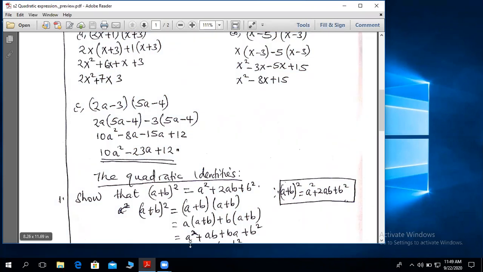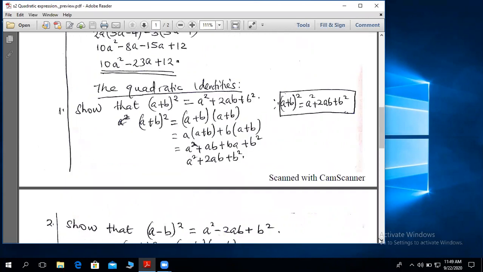So we are now moving on to the quadratic identities. Show that (a plus b) squared is equal to a squared plus 2ab plus b squared. Now, listen properly.